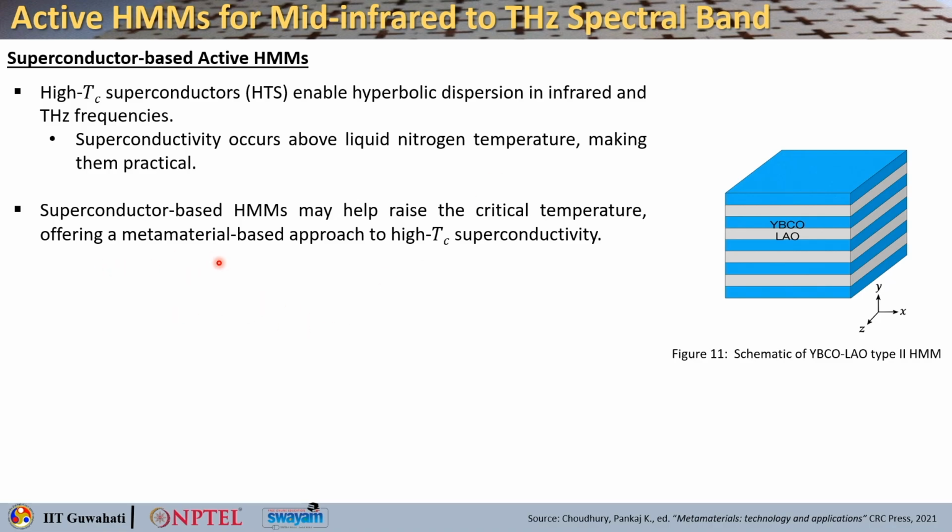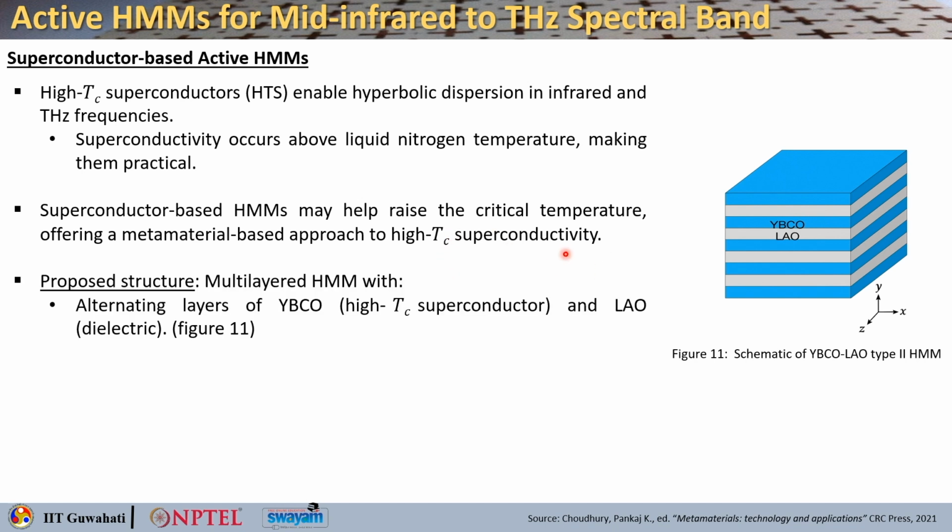So, superconductor based HMMs can also help raise the critical temperature, which offers a metamaterial based approach for high critical temperature superconductivity. So, the proposed structure basically comprises a multilayer of YBCO, that is yttrium barium copper oxide, and LAO, that is lanthanum aluminate.